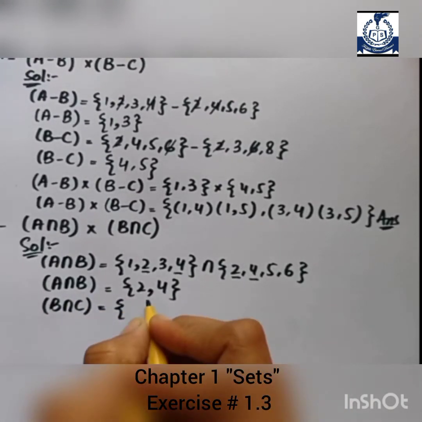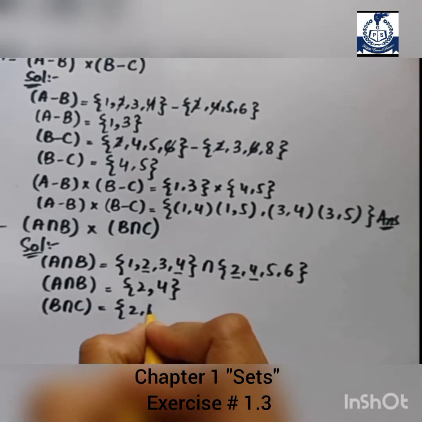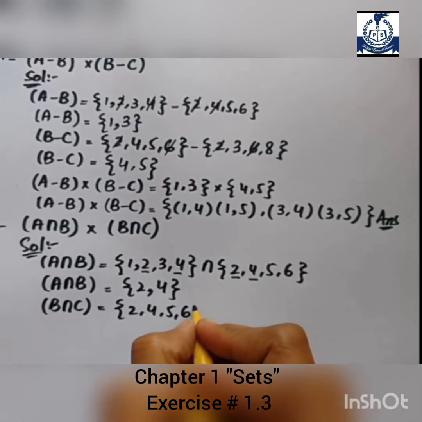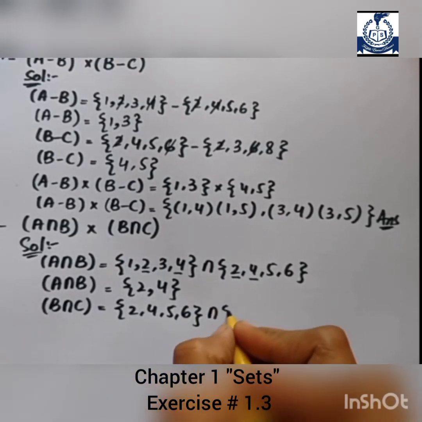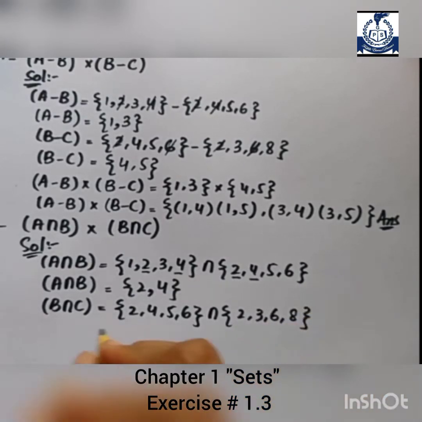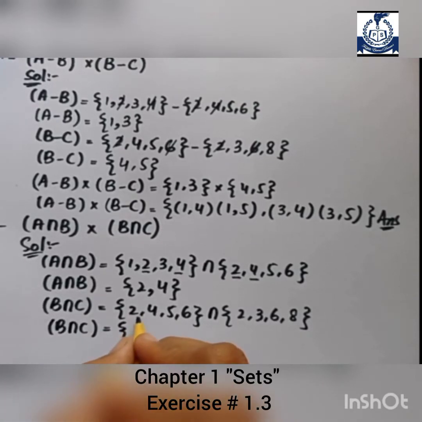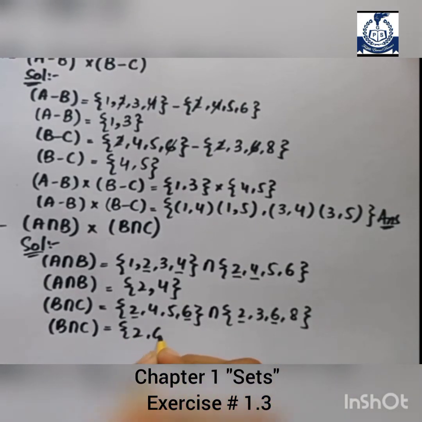Then B intersection C. In the place of B we write 2, 4, 5, 6, which are the elements of set B, intersection, in the place of C we write 2, 3, 6, 8. We take the common elements, 2 and 6.